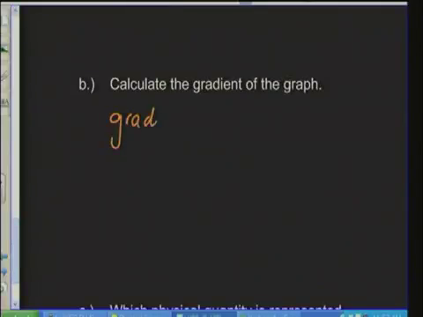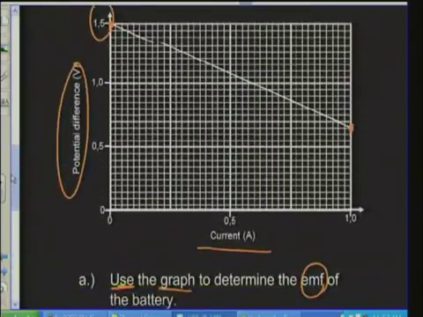Gradient is change in the vertical divided by change in the horizontal. The vertical is V, so change in V over change in I. The horizontal is the current. Now V over I is resistance. You can see that already.